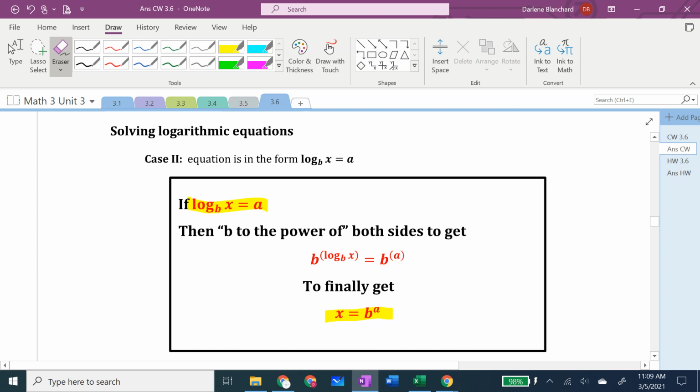This gets explained in different ways. I personally think it is very helpful to understand that you're actually just bringing in an inverse operation. And the more you focus on the fact that this is an inverse operation, the more logarithms are going to make sense over time.